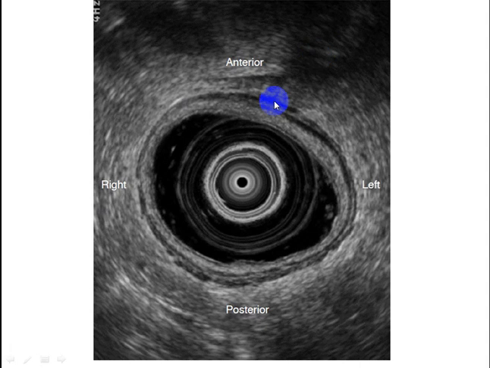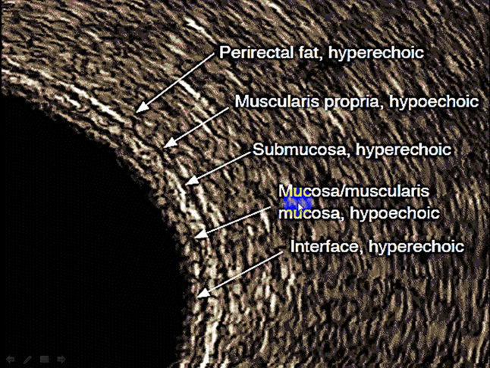This is an endoluminal ultrasound. This is the probe inside the anal canal. This is anterior, posterior, left and right. This is the picture of the anal canal, from the inner to the outer.